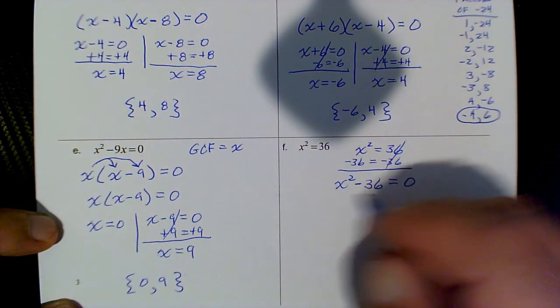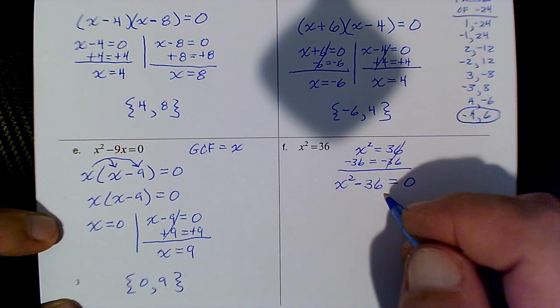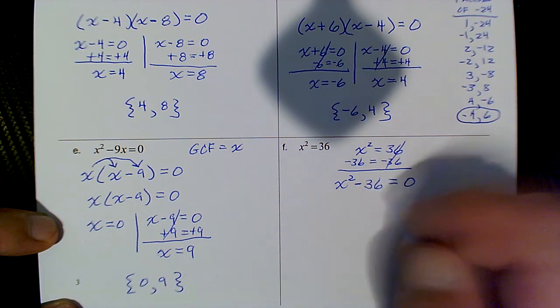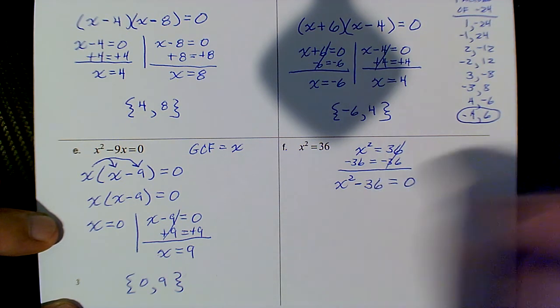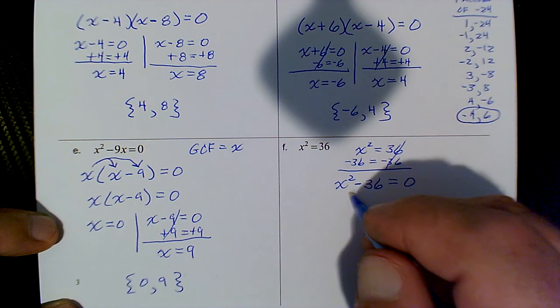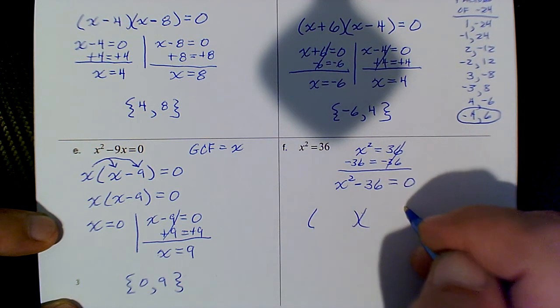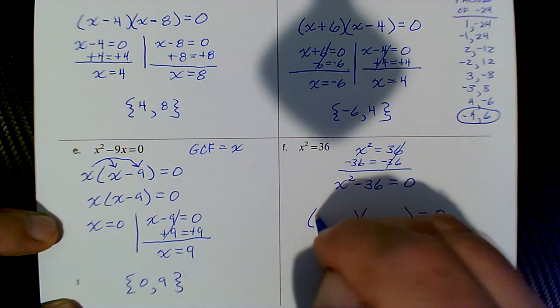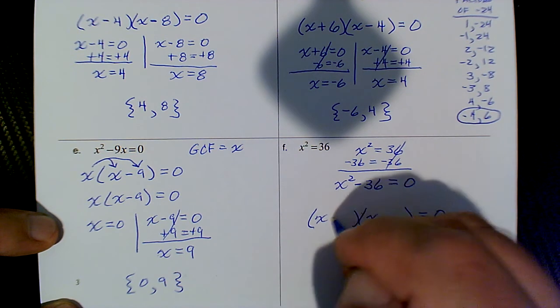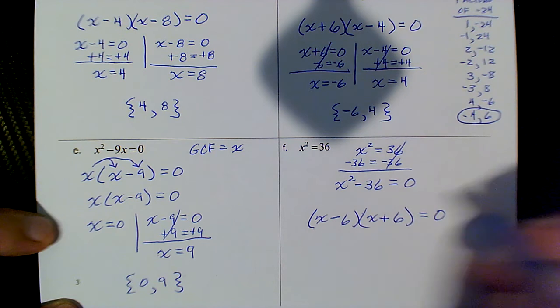And now it's a quadratic, but it's only two terms. If you look for a greatest common factor, nothing's in common, so you should recognize that this is the famous difference between two perfect squares, where it is factorable as x and x, one negative, one positive, and 6 and 6.